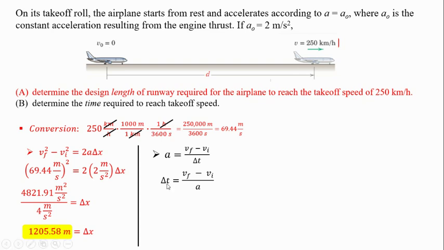So therefore we have delta T equals VF minus VI over A. Again, we know what VI is. VI is just 0, so I just cross that out. VF is 69.44 meters per second. A is 2, and if you simplify it in your calculator, you should get a value of about 34.72 seconds. But here's an alternative way. Again, as you practice, hopefully by now you recognize there are different approaches to solving a problem.